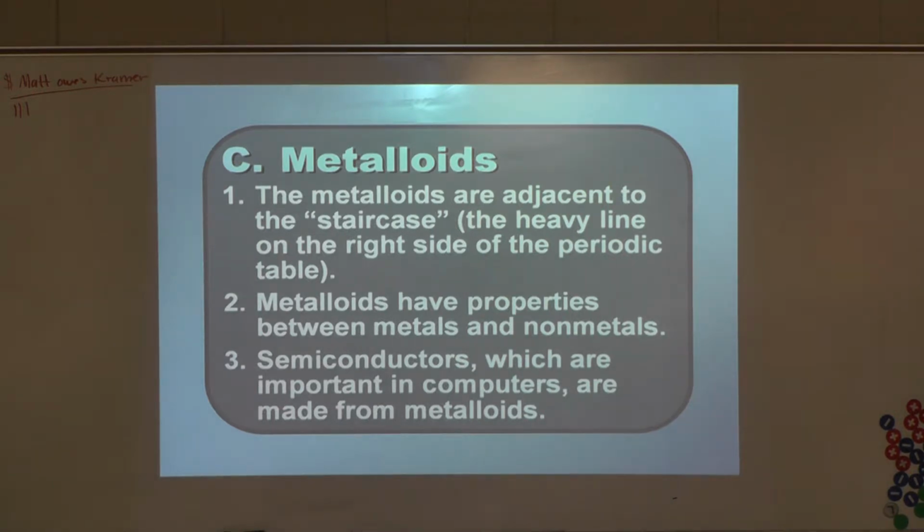And I think you guys probably have already figured this out, but left of the stair step, not adjacent, are what? Metals. Right of the stair step, but not adjacent, are nonmetals. And the ones that are adjacent are called metalloids. There are 2 exceptions. What are they? Aluminum. Aluminum, even though it's in the metalloid section, it is still a metal.